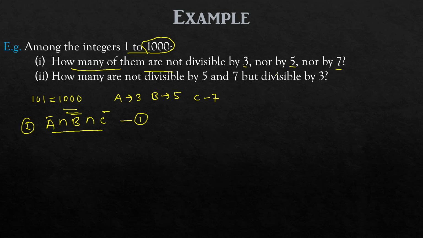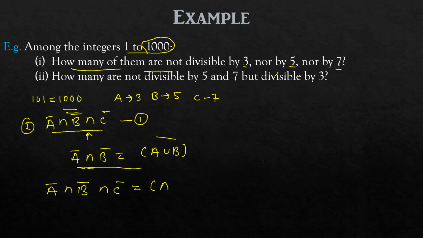De Morgan's law for two sets, that is, A intersection B complement is equal to A union B complement. This is De Morgan's law, right? And here we can create De Morgan's law for 3 sets. That is A complement intersection B complement intersection C complement is equal to A union B union C complement. Okay, this is De Morgan's law for the 3 sets.